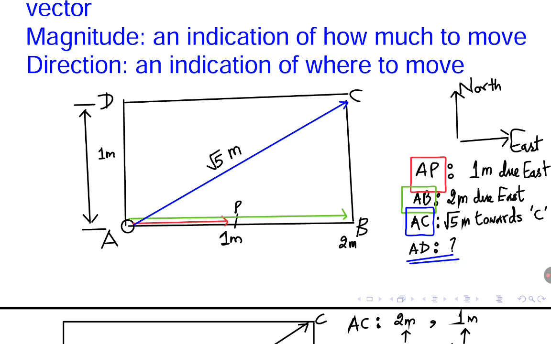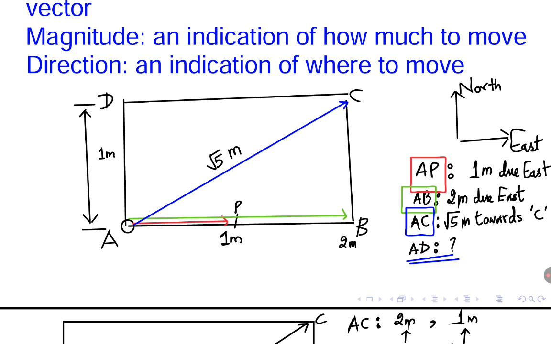Consider you are on one corner of a rectangle, whose side AB is 2 meters and whose side AD is 1 meter as shown in the figure. If I tell you that you have to move in the direction of the line AB but only 1 meter, then you will reach a point P which will lie on the line connecting the points A and B, right?